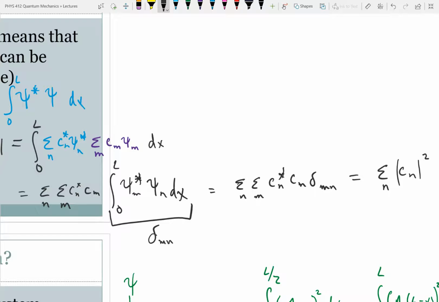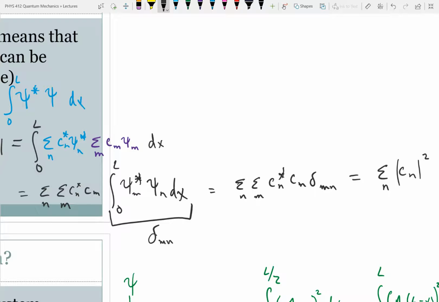Now, I told you last time the c sub n has some meaning, and I better read up on it so I don't misspeak. It's good that I did, because the textbook has a footnote: what do these mean? Many people say that the c sub n tells you the probability of being in the nth state. But that's poor wording.